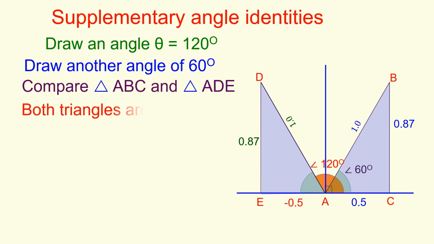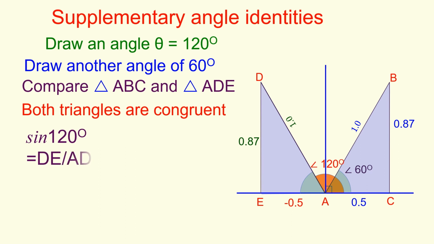Compare triangle ABC and triangle ADE. Both triangles are congruent. Sine 120 equals DE by AD equals 0.87, which is the same as sine of 60 degrees.